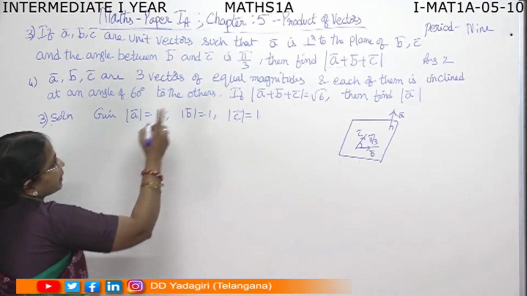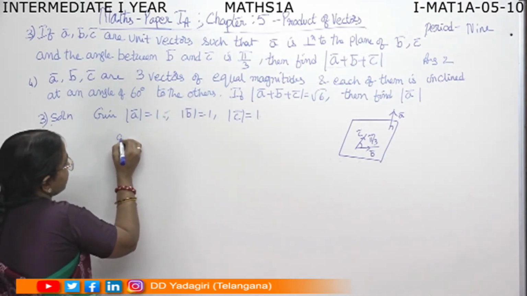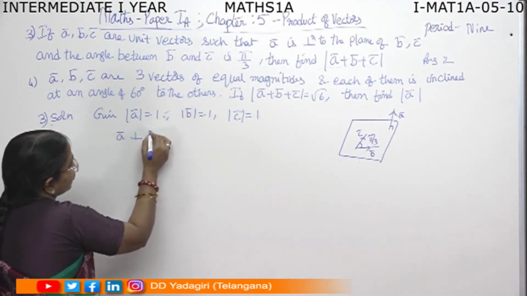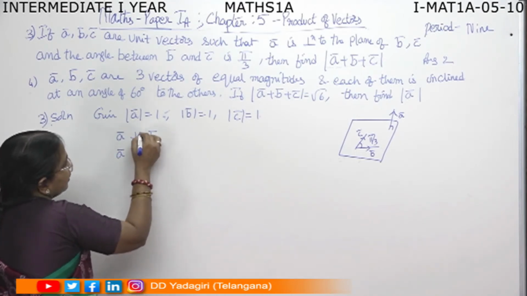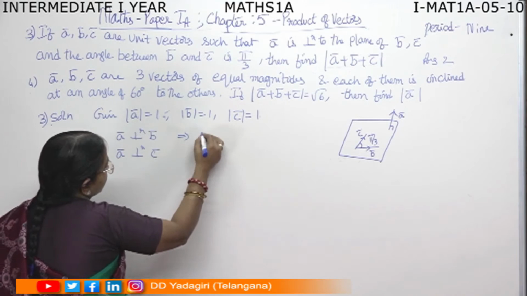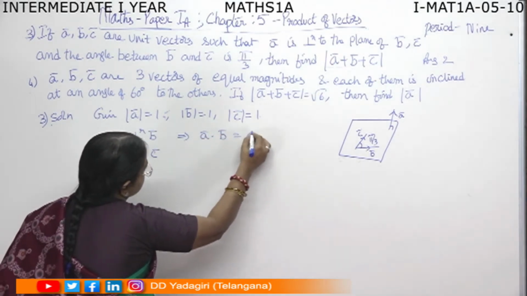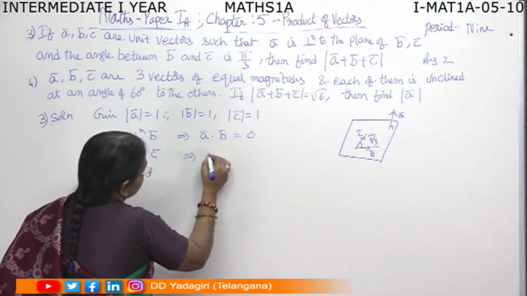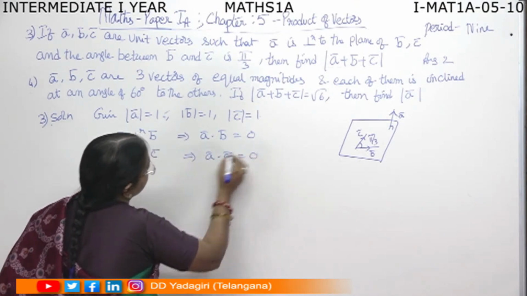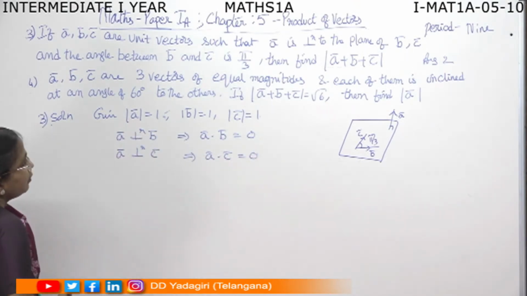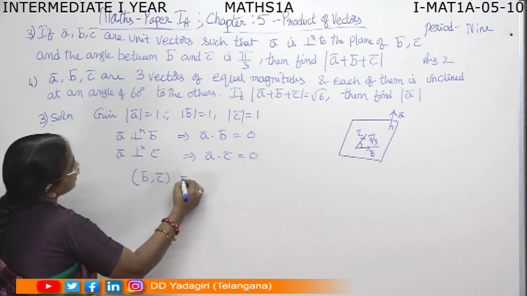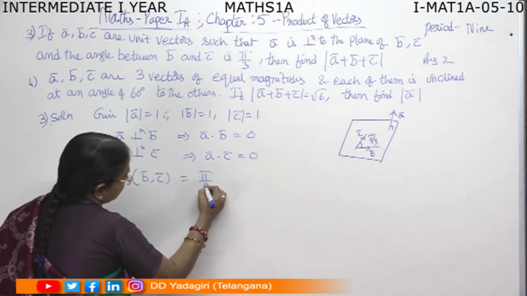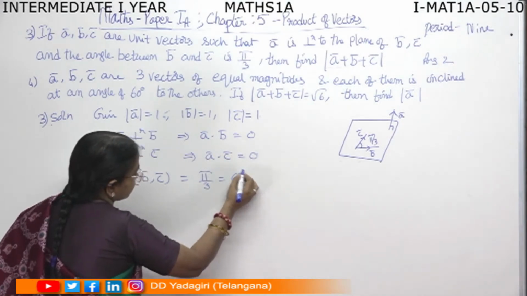And then A is perpendicular to both B and C, means A is perpendicular to B, A is perpendicular to C. So that means their dot product is 0. A dot B is 0 and A dot C is also equal to 0. Angle between B and C is pi by 3. Pi by 3 means 60 degrees.